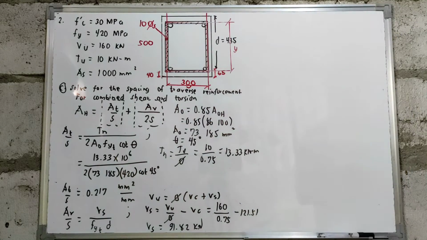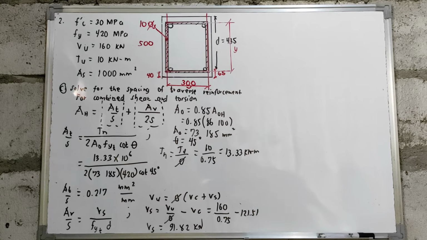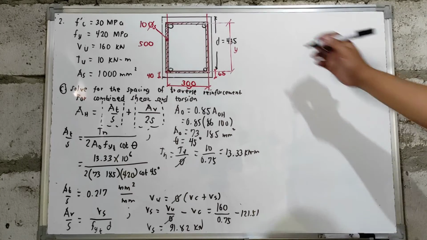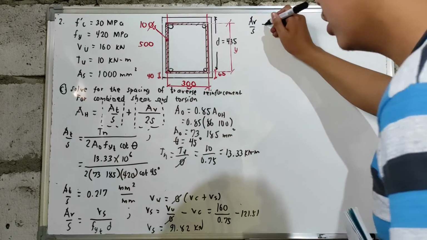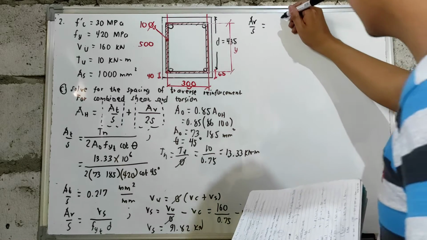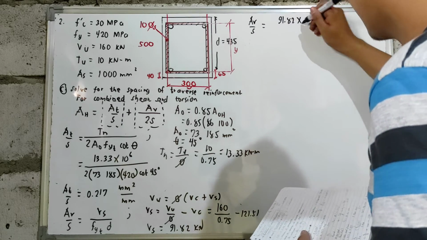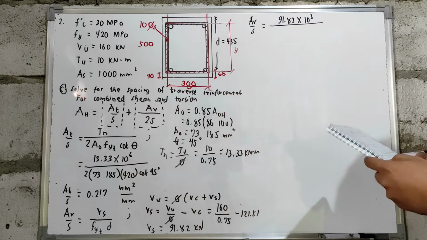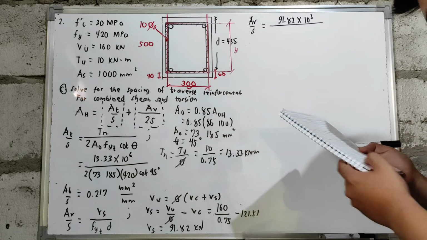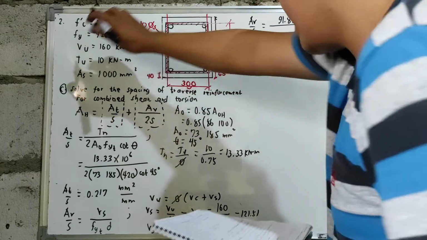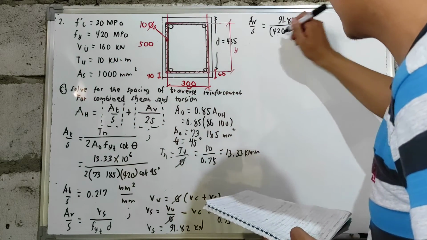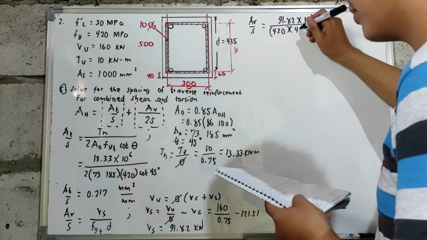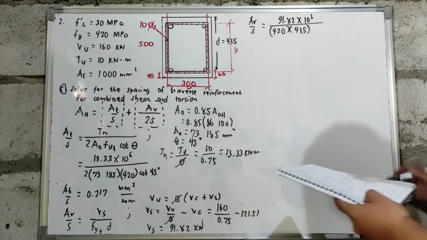So, after we calculate the value of Vs, we can now get the value of AV over S. So, what will be the value? Our Vs is 91.82 times 10 raised to 3 to become Newton, over our Fyt, which is given as 420 megapascal, multiplied by 435, which is the effective depth of your beam.